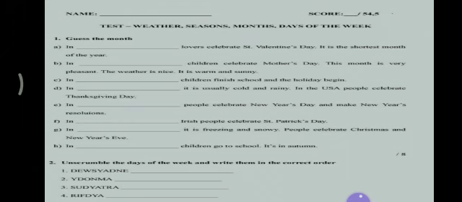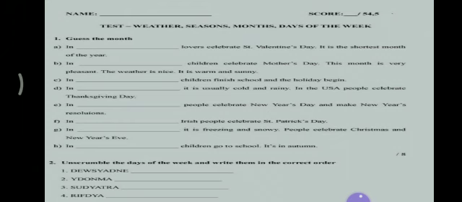In blank, children finish school and the holiday begins. Do you understand? Yes. In July, children finish school and the holiday begins. Okay. It is usually cold and rainy. In the USA, people celebrate Thanksgiving.